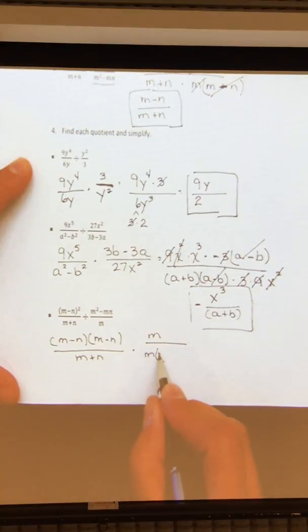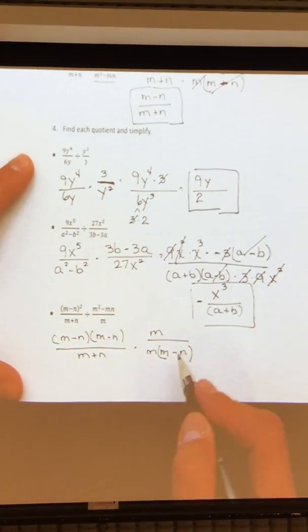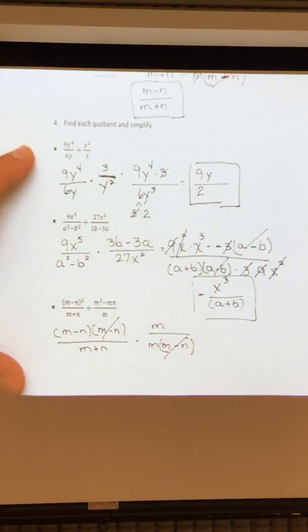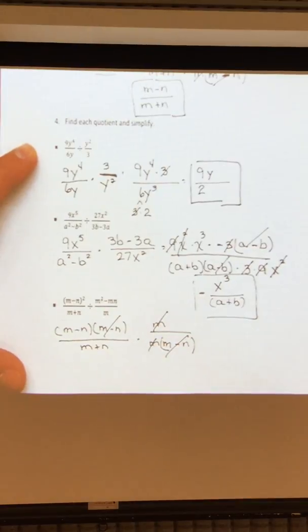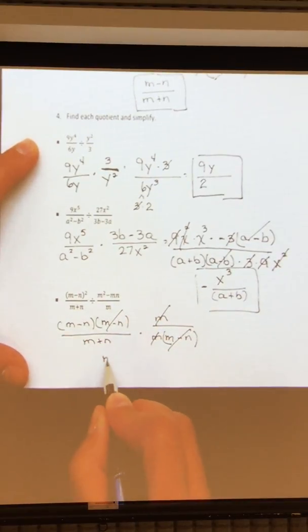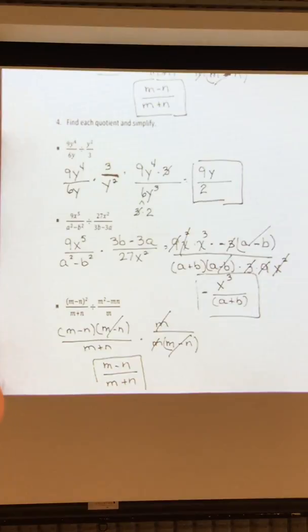So m times m is m squared. M times negative n is negative mn. So we can do some canceling. M minus n can cancel with the m minus n. And the m can cancel with that m. And we are left with m minus n over m plus n. And that concludes our Chapter 7, Sections 1 and 2.